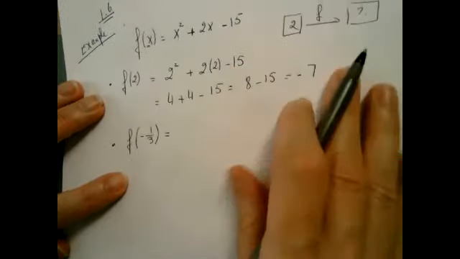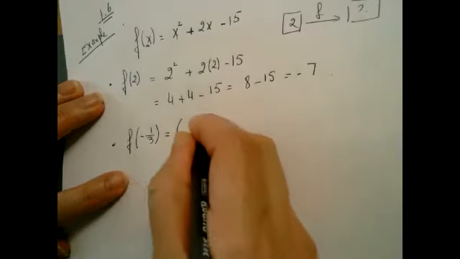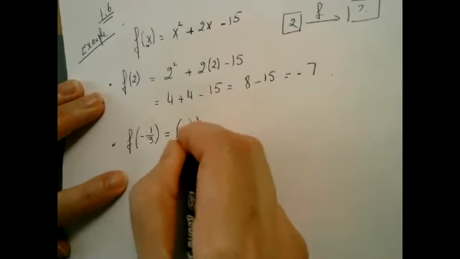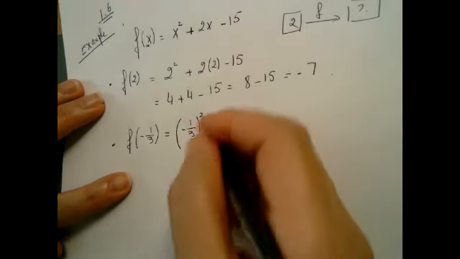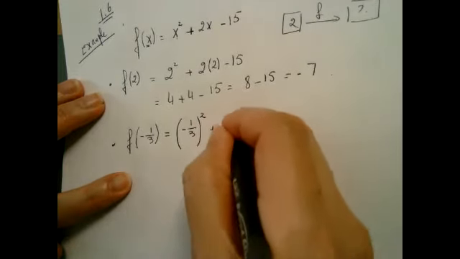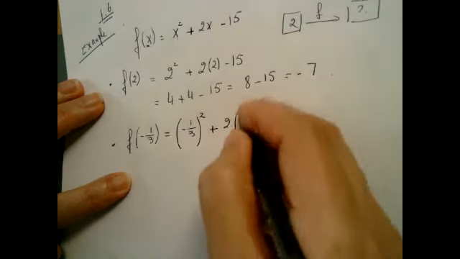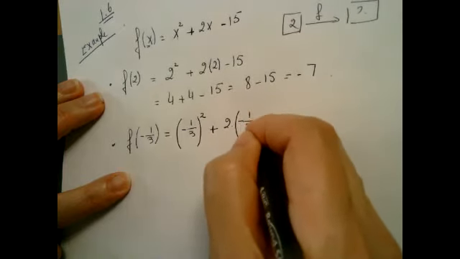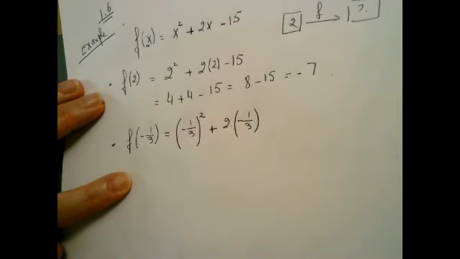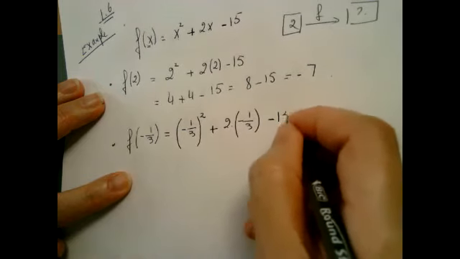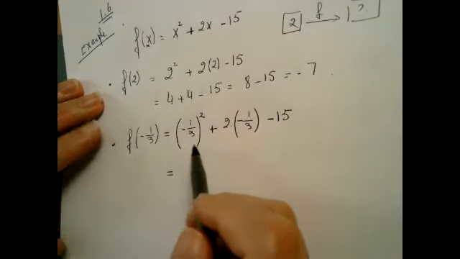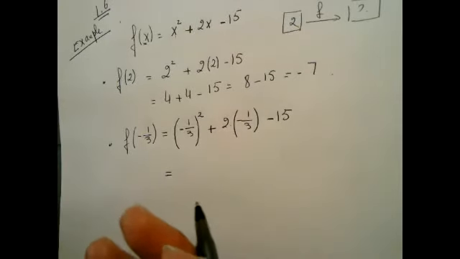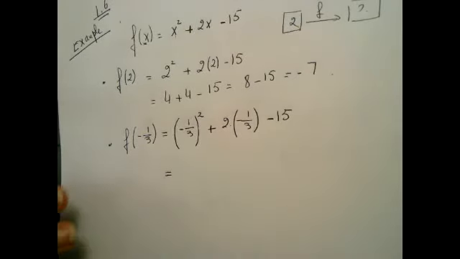So x is minus 1/3. It means the whole quantity minus 1/3 squared, plus 2 times minus 1/3, minus 15. So it's equal to. Now what's minus 1/3 squared? It's minus 1/3, you times it with minus 1/3.